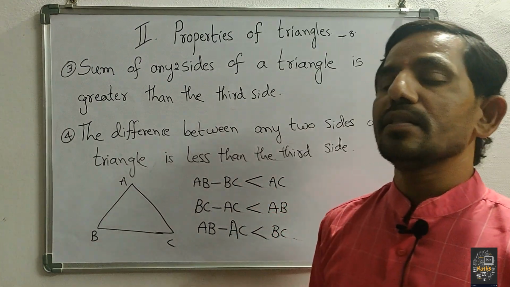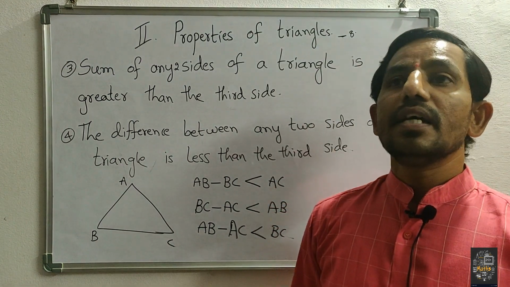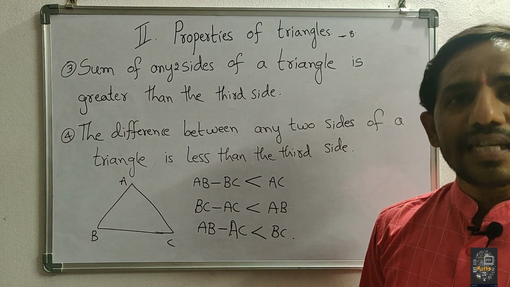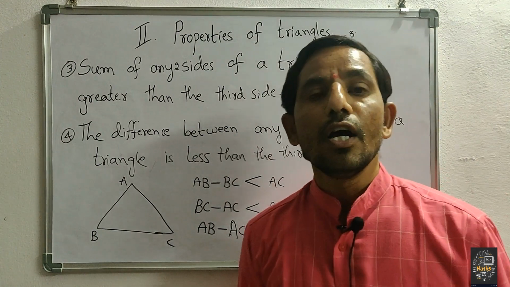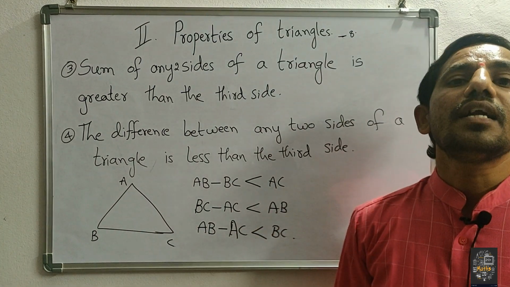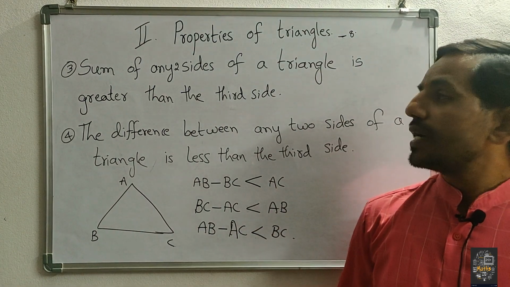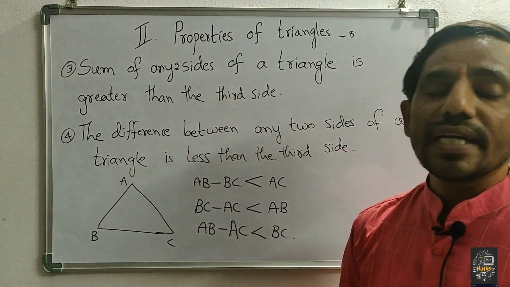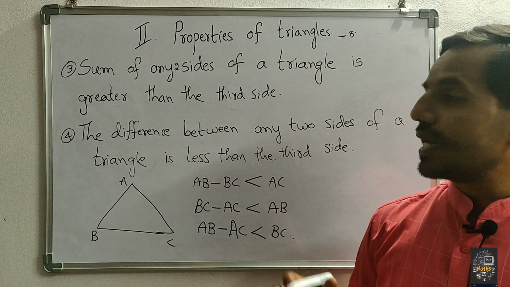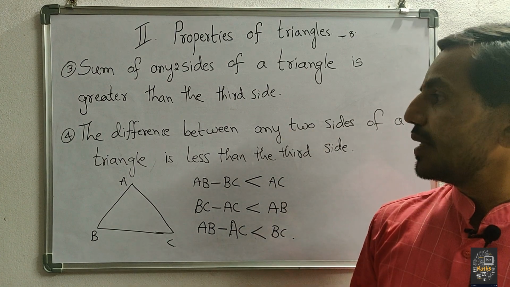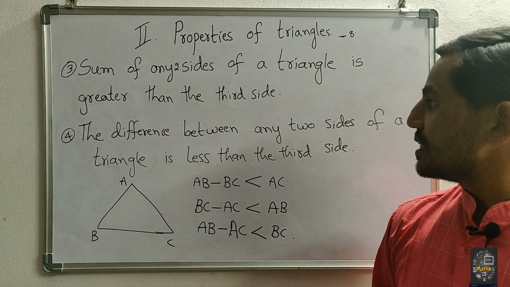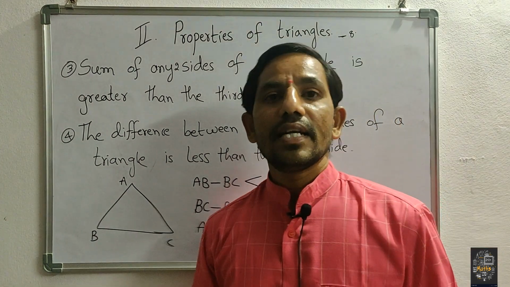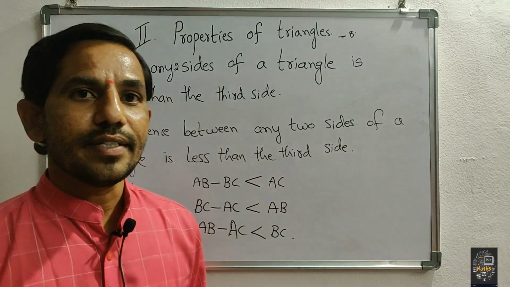Second condition: the sum of any three exterior angles of a triangle is 360 degrees, or 4 right angles, or 2 straight angles. Third condition: the sum of any two sides of a triangle is greater than the third side. And fourth one: the difference between any two sides of a triangle is less than the third side.